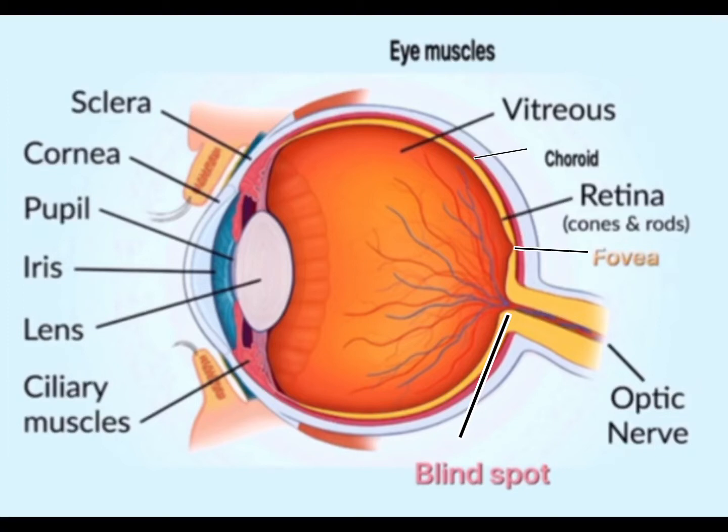Okay, now let's talk about the cornea. The cornea is the transparent thin layer present at the front of the eye. It helps to refract the light rays entering from the object. Okay, third one. What is the third one? Choroid. What is the choroid?